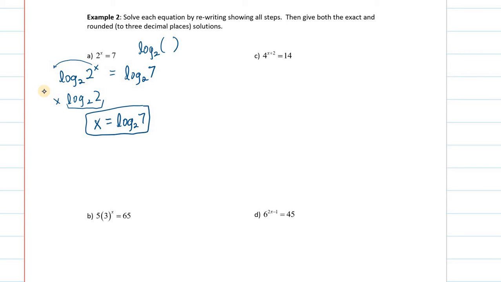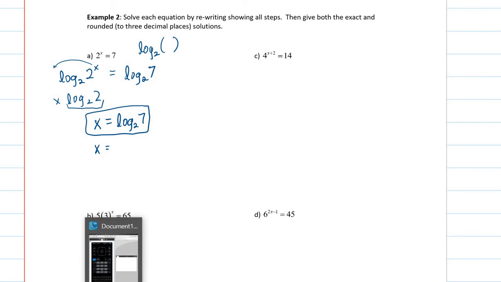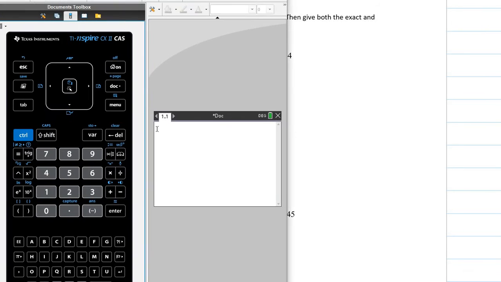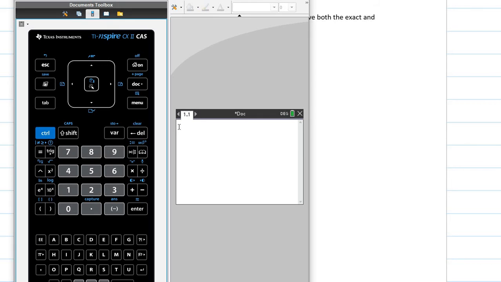The problem is done. If you need a rounded answer, which these directions say that you do, you would use your CAS, and you would enter the values. You would go to control, log. Luckily, your CAS allows you to just put in the base that you need, so you don't have to deal with a base change formula.